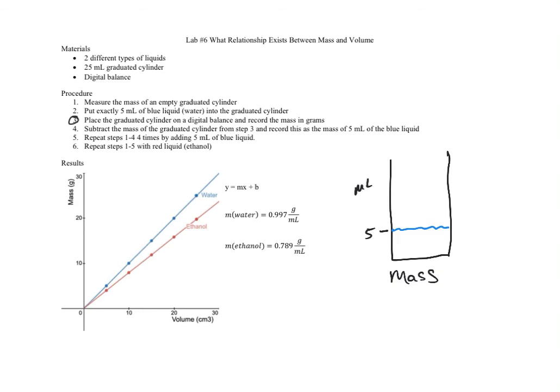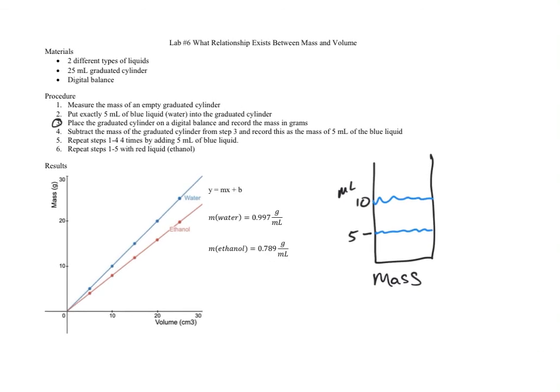I then filled it up to 10 milliliters and did the exact same thing, figured out the mass of those 10 milliliters of water, and so on, all the way up to 25 milliliters. And I plotted the mass versus the volume.